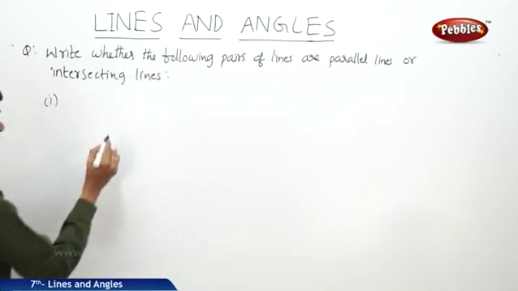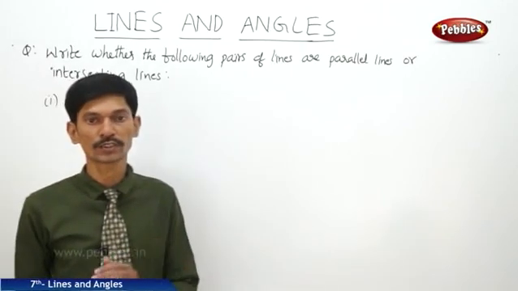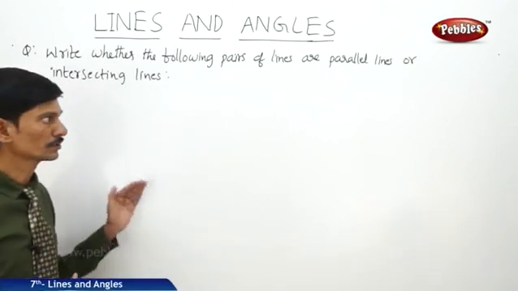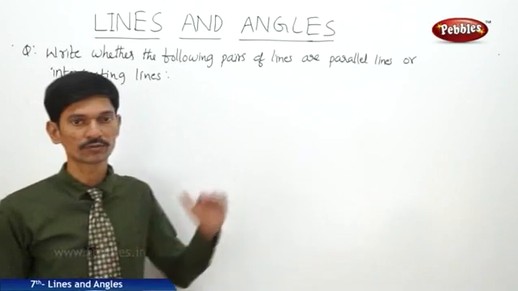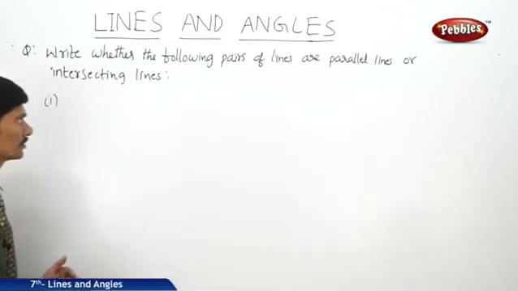When two lines do not intersect, they are said to be parallel lines. And if the two lines have a common point, then they are said to be intersecting lines.